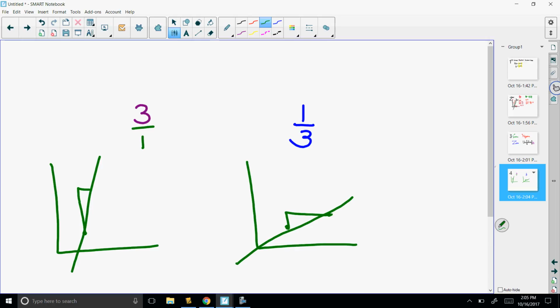So the larger that coefficient of x is going to be, the steeper the slope. And then it just tells you there that if it is negative, it's going to rise to the left. And then you also have vertical lines, which have the slope of 0. Are we okay with all of that? It should be review.